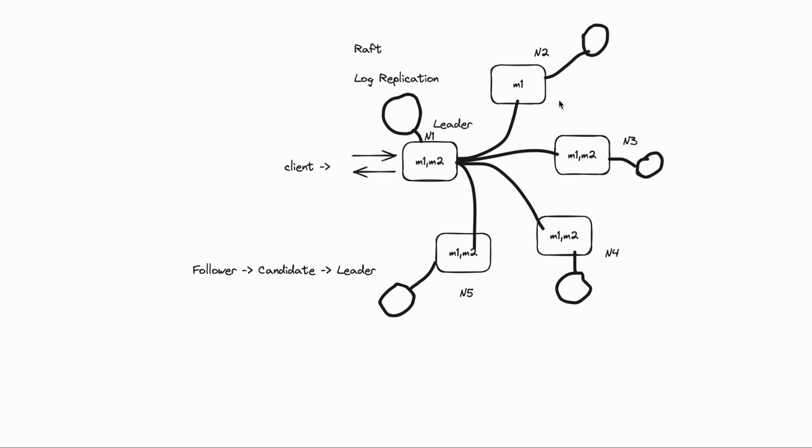So N2 will not be considered for leader election since it does not contain the most up-to-date data. The machine that has the most up-to-date data will be elected as leader. So that metadata will be exchanged when the leader election happens. This is how log replication works in a distributed system using the Raft consensus algorithm.